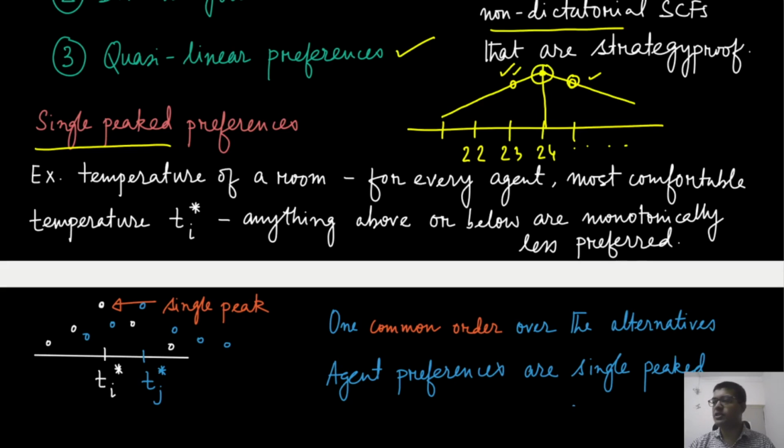So maybe this is the preference ordering for player 1. Similarly for player 2, maybe you can have a different preference order. Player 2 likes a different temperature as its most preferred temperature, and it also has a single peak around that. And that is exactly what we have drawn here.